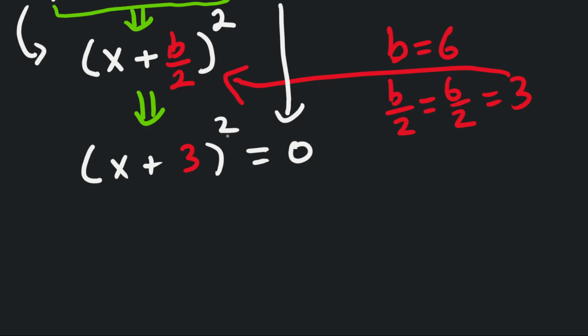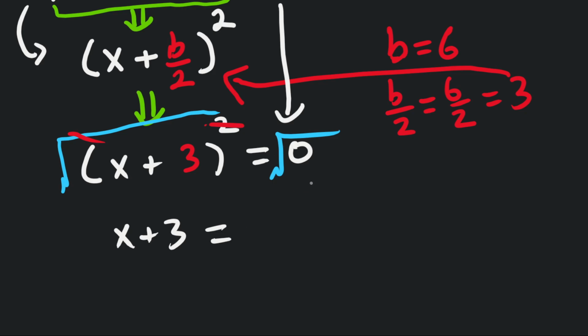Well, we have this squared right here, so we can take the square root of both sides. That will cancel out the square and the square root, and we are left with x plus 3 equals the square root of 0. That is simply 0, and this becomes very simple. To solve for x, we just subtract 3 from both sides, and we are left with x equals negative 3.